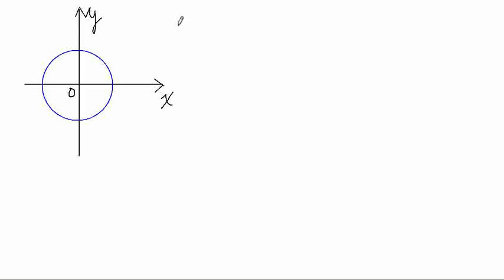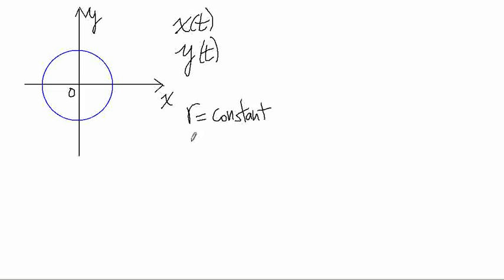One way to do it is to give the functions x of t and y of t, where t represents time. Another way to do it is in polar coordinates. In polar coordinates, we would have r equal to a constant, and we would have theta of t.